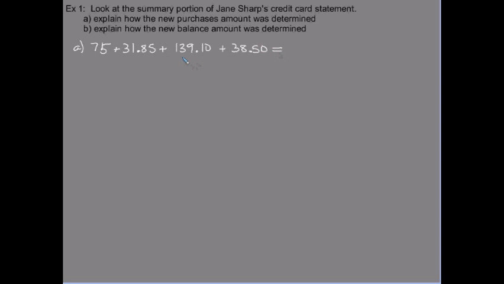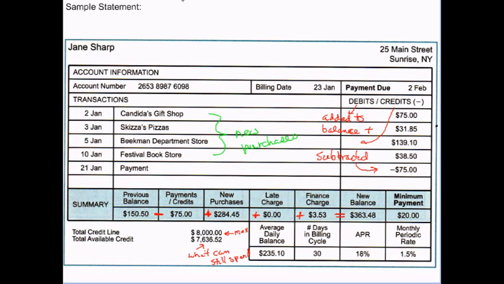And I'm not actually writing down an explanation, but 75 plus 31.85 plus 139.10 plus 38.50 gives us 284.50. 284.45. I must have entered something in the calculator wrong.